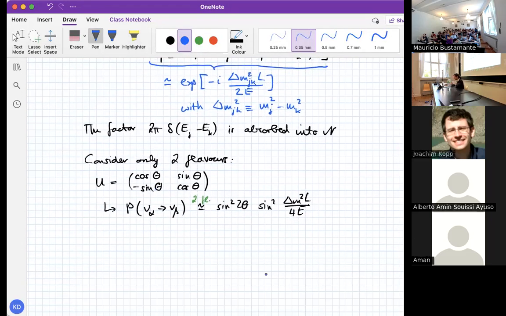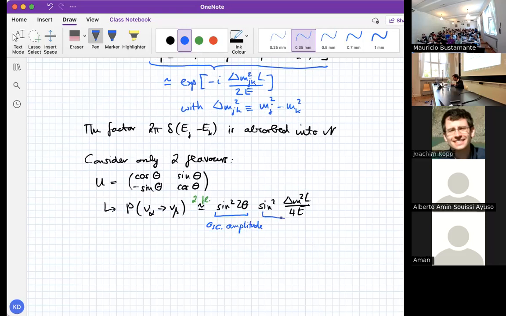So now that's a much more accessible formula. There is one term here, sine square 2 theta, that determines the oscillation amplitude. It depends only on theta, so only on a fundamental parameter of nature. So that's nothing that depends on the exact experimental setup.